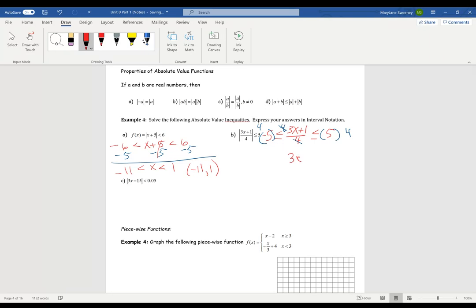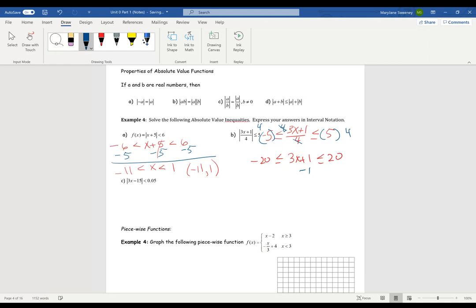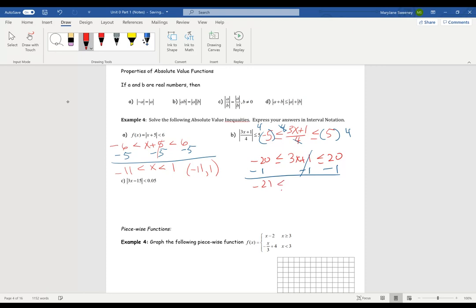So I'd have 3x plus 1 less than or equal to 20, greater than or equal to negative 20. And then from there, I would minus 1, minus 1. Negative 21 is less than or equal to 3x, which is less than or equal to 19.